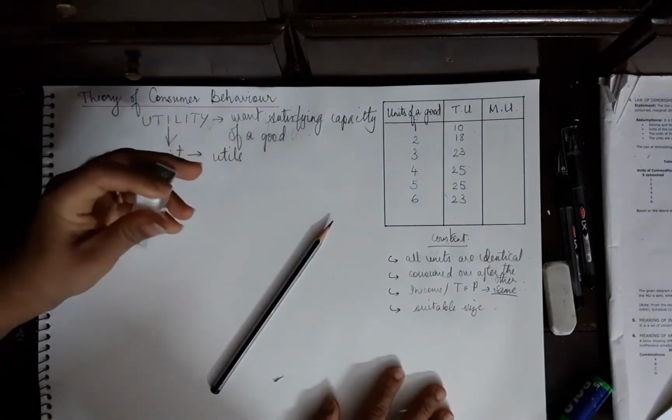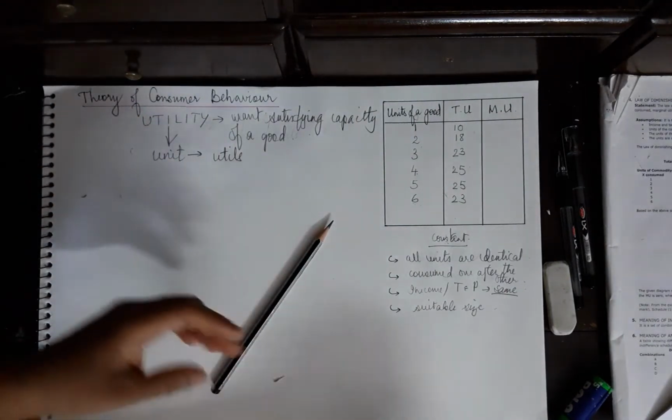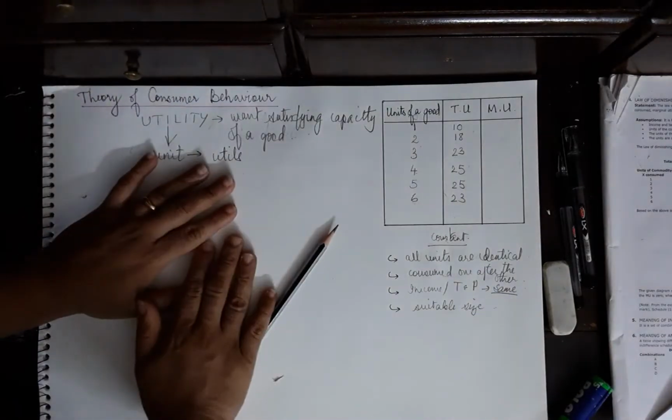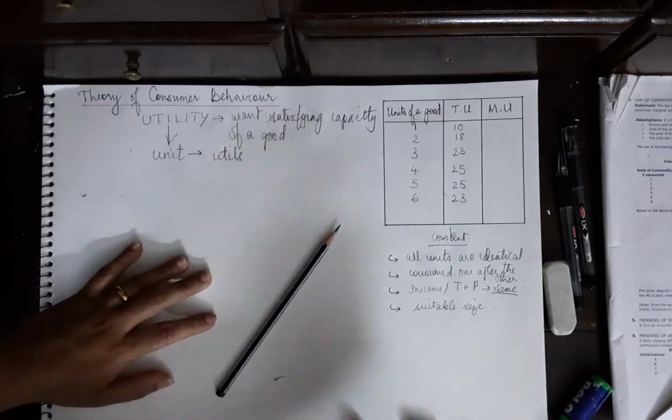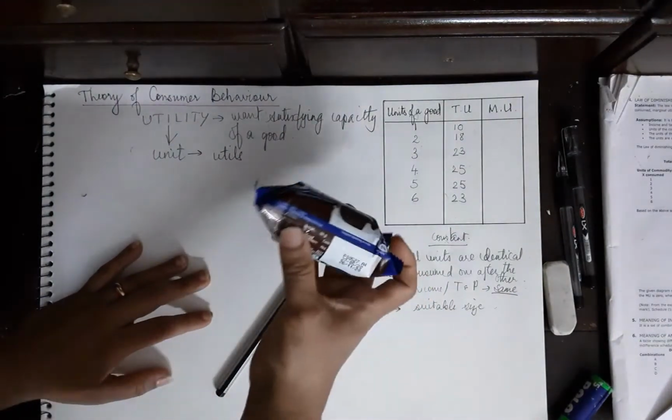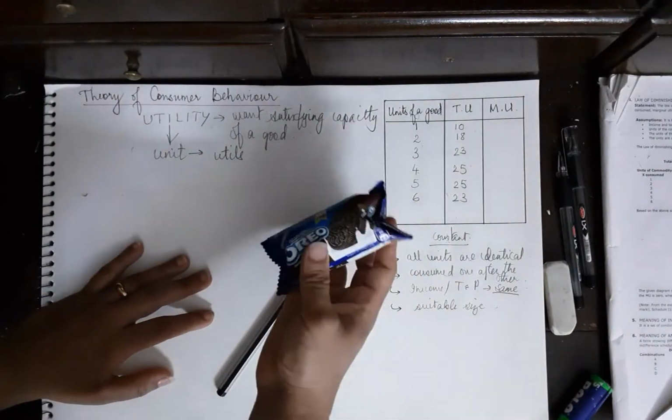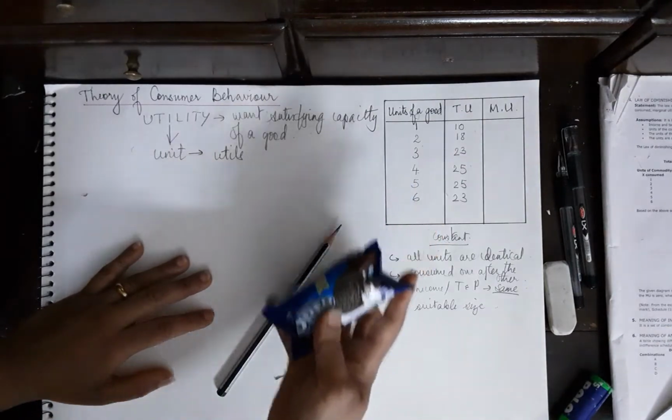And I think this is the kind of study that helps producers to determine how much to pack in, for example, how many biscuits to pack in a small pack of 10 rupees of Oreo, which will be enough for one consumer.